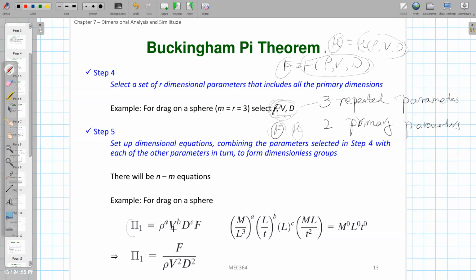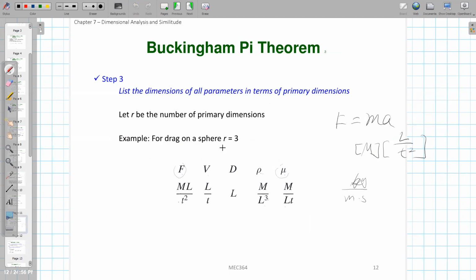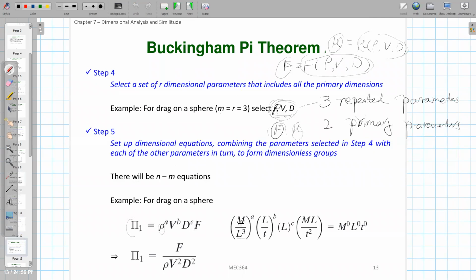The next step is to substitute the fundamental dimensions. For rho, the dimension is mass per length cubed, so you substitute M over L cubed for rho. For v, we know it is L over t, so you substitute L over t for v.